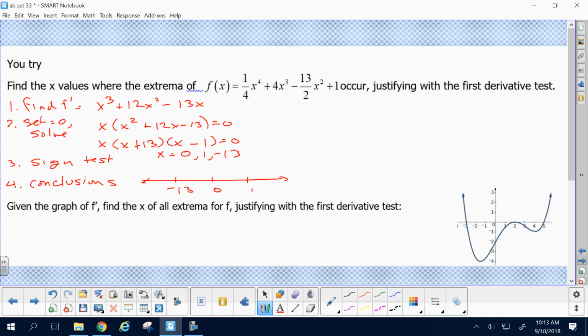Okay. Can I give you a little pointer that's there for the sign test? It can be tedious doing the sign test. It might help if you think graphically. If I were to show the shape of the cube, doesn't a cube shape look like this? Yeah? So if this has 3 zeros, wouldn't it have to look something like that?